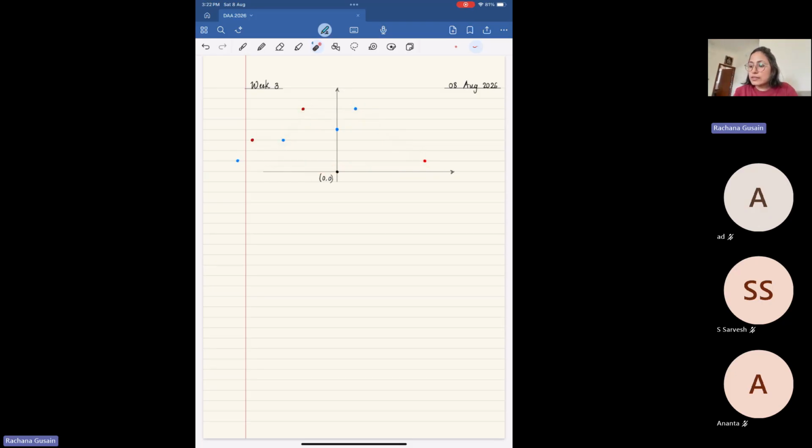So initially it might be the case that this is point 1, that is 2, 3, 4, 5, 6, 7. So these are stored in an array, where these points are indexed from 1 to 7. I want to sort these points in such a way so that this point comes to the index 1.